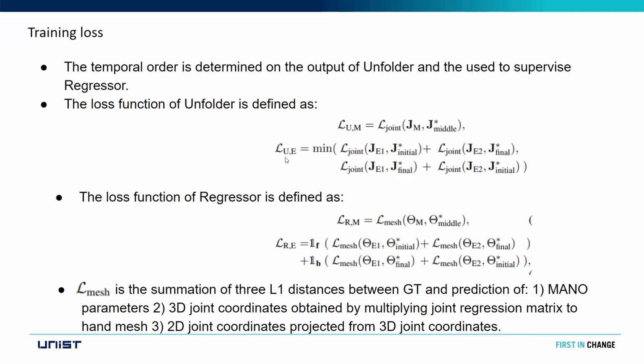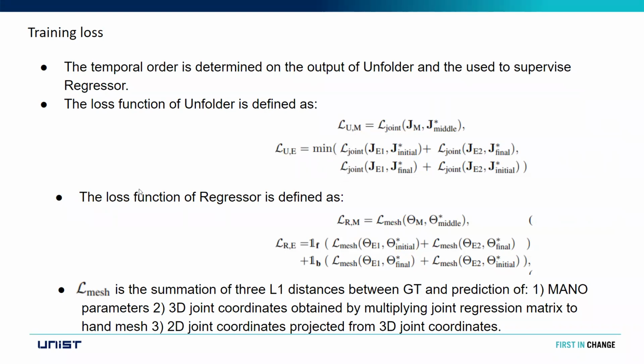But for the ending ones, we choose the minimum of these. This star initial is the ground truth of the initial pose and coordinates, and this is the final coordinates of the ending pose. So we compute the loss for this one, and we compute the loss for this one, and we find the minimum among these, and we choose that one.